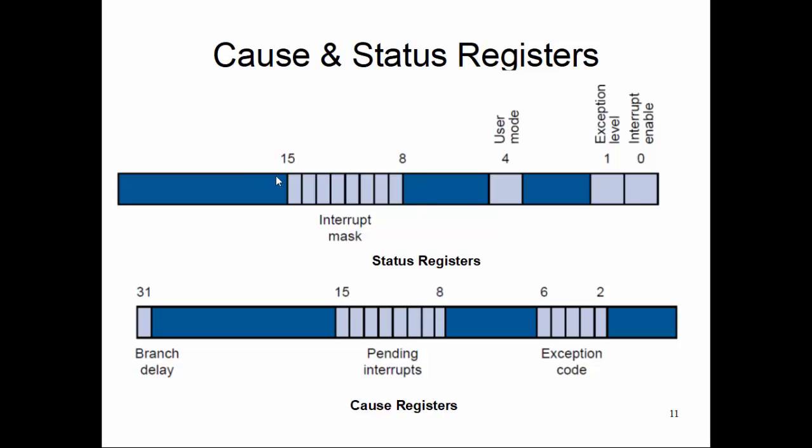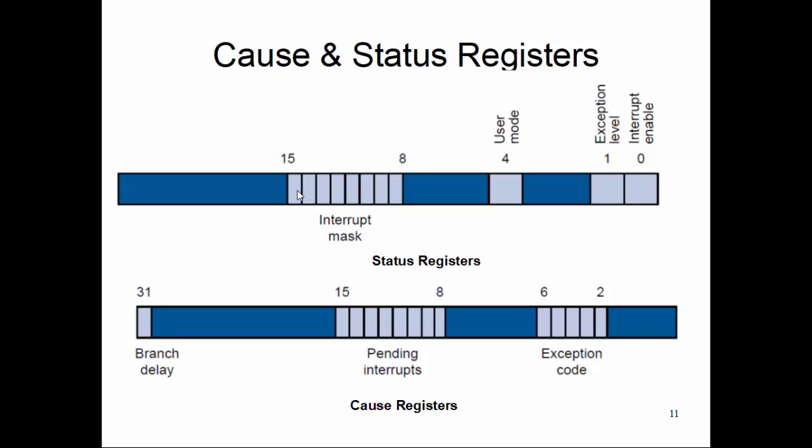The cause register, like the status register, uses some of its bits as interrupt masking. What does it mean? Each bit corresponds to one peripheral device attached.